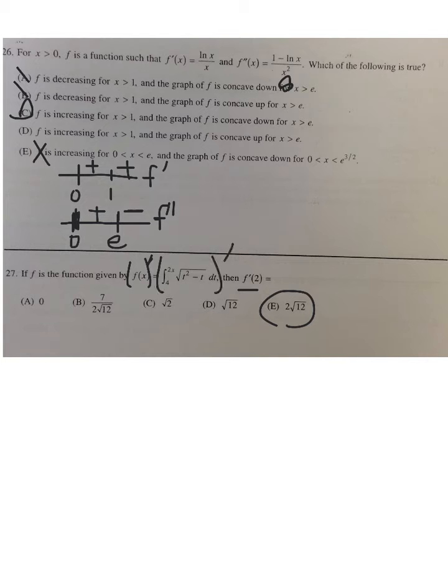Now remember, what that's going to do is cancel out the integral with the derivative. And also remember that when we have the bottom bound as a constant, all we're going to do is take this top bound and plug it in wherever we see a t. Okay, so I'm going to do exactly that, and I am going to end up with 2x, that quantity is going to be squared, minus 2x, and that is all going to be underneath a square root.